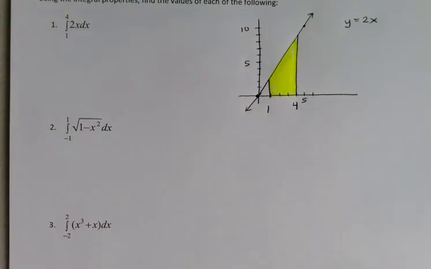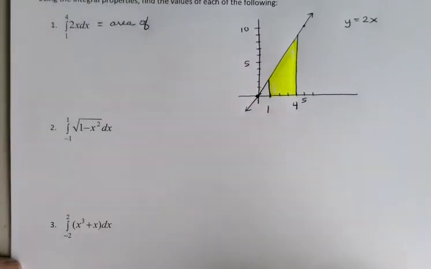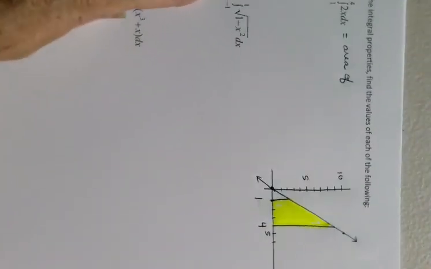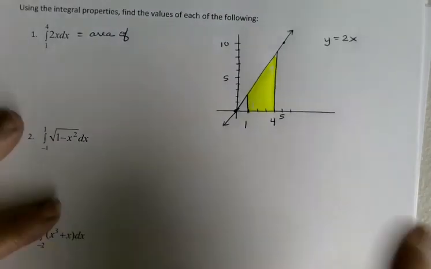Now, that is a nice area that just has nice straight sides, and we can find that area just using a geometry formula. That actually happens to be a trapezoid, right? Especially if I turn it this way, you might recognize the trapezoid. So that's just the area of a trapezoid.